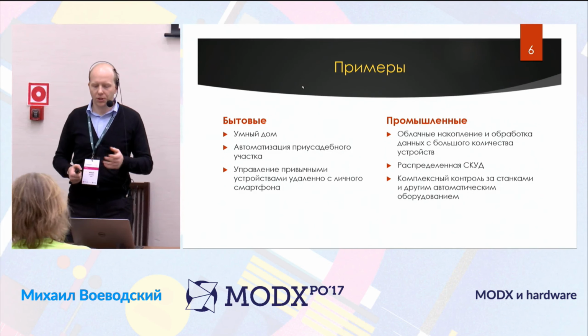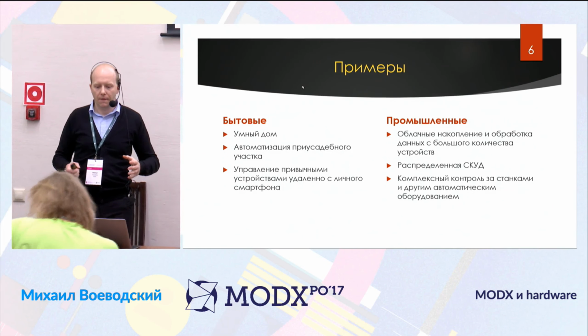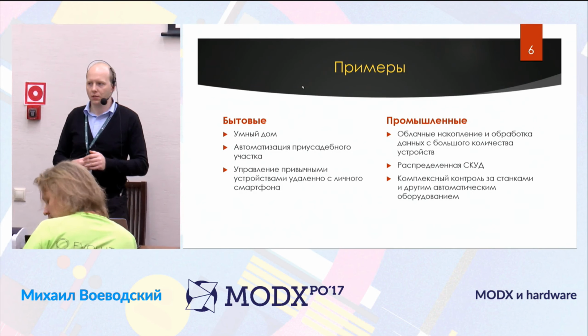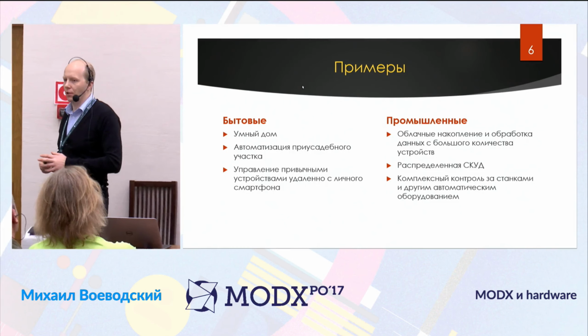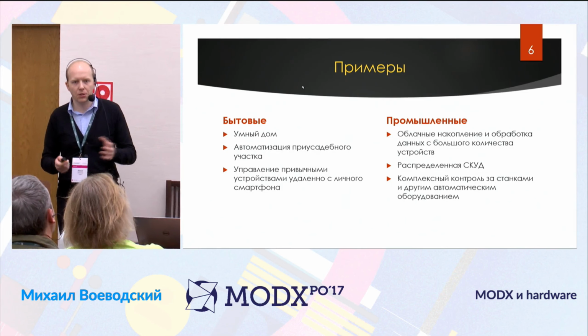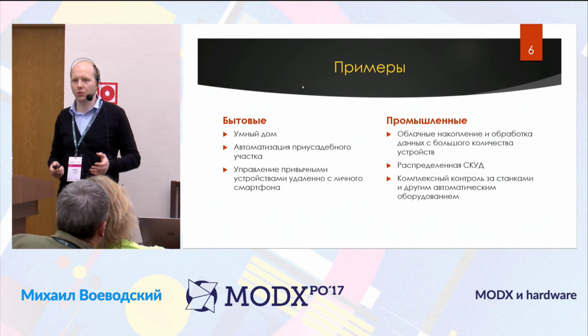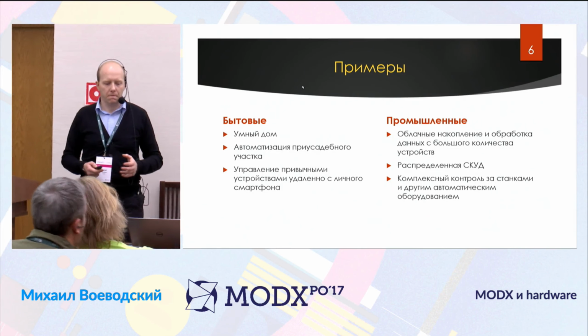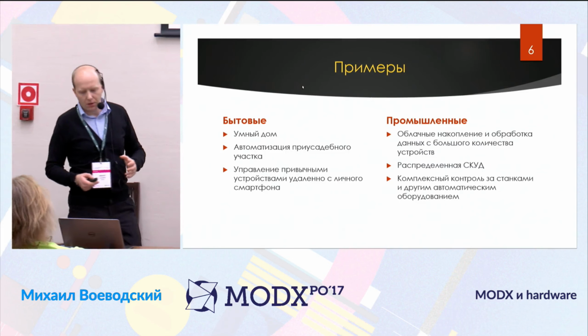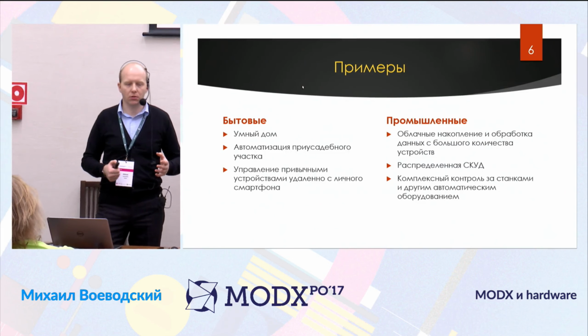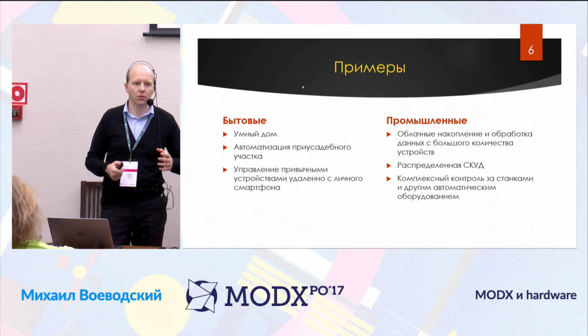And in the industry, it's cloud storage and systematization of all this data for further processing and distributed management, a distributed access control management system, complex control over machines and other equipment.